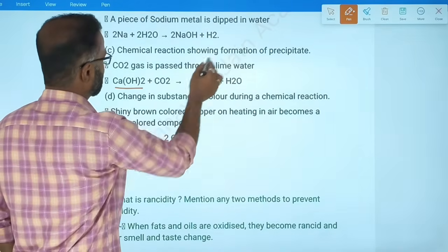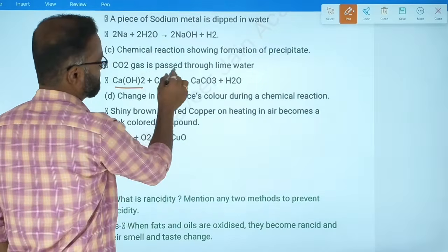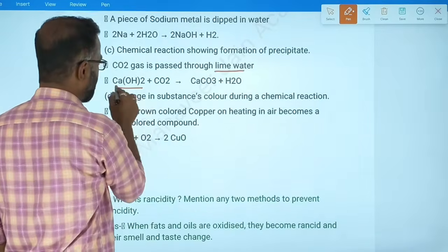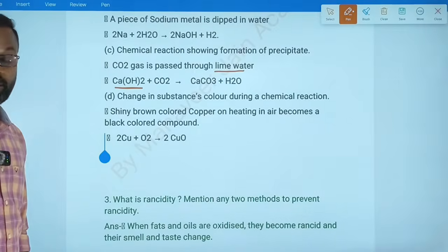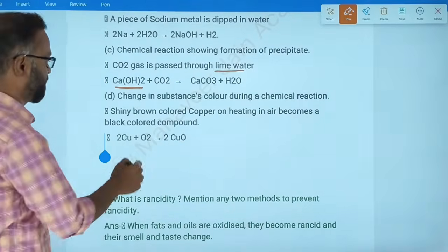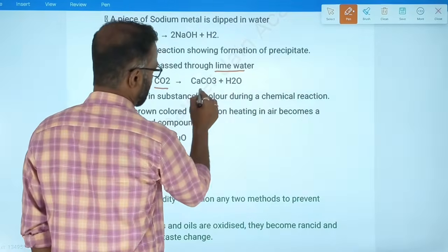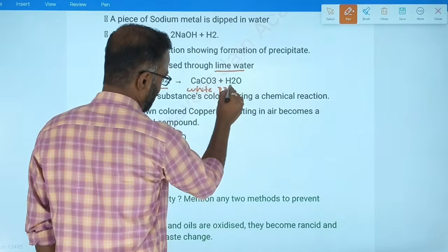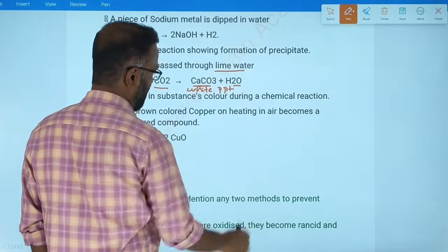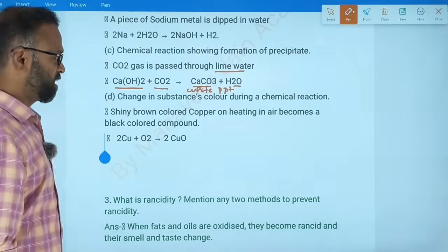Chemical reaction showing the formation of a precipitate: carbon dioxide gas is passed through the lime water. When it reacts with carbon dioxide, it will form a white precipitate of calcium carbonate and water.